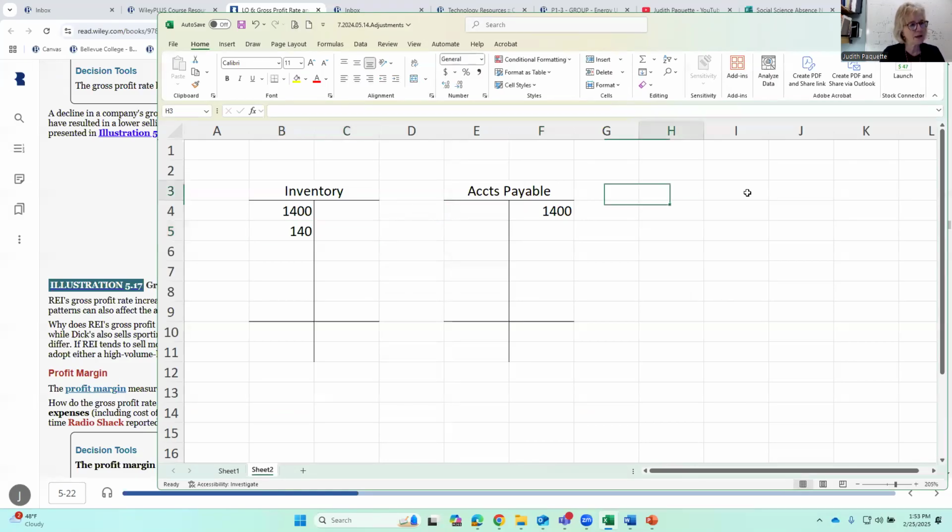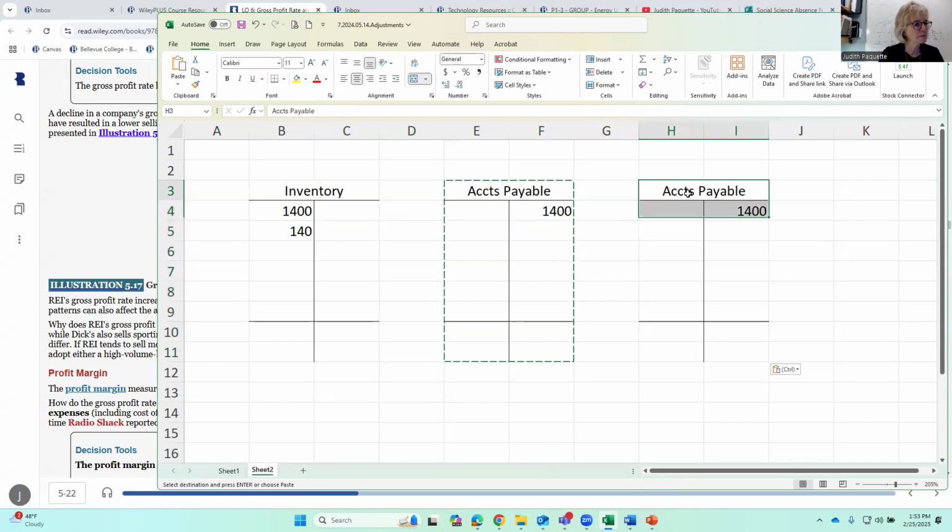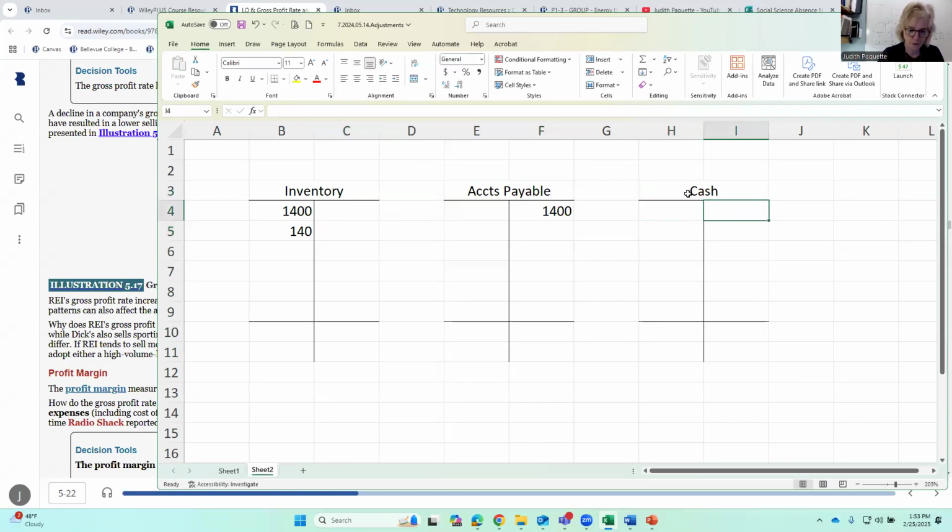I'm not going to track the cash account, but I could. $140. I could do that, but I don't really care about tracking cash. I really want to keep track of inventory and accounts payable. I'm not trying to do a full accounting cycle. I'm trying to see what the ultimate cost of my inventory is and how much I ultimately owe my supplier.